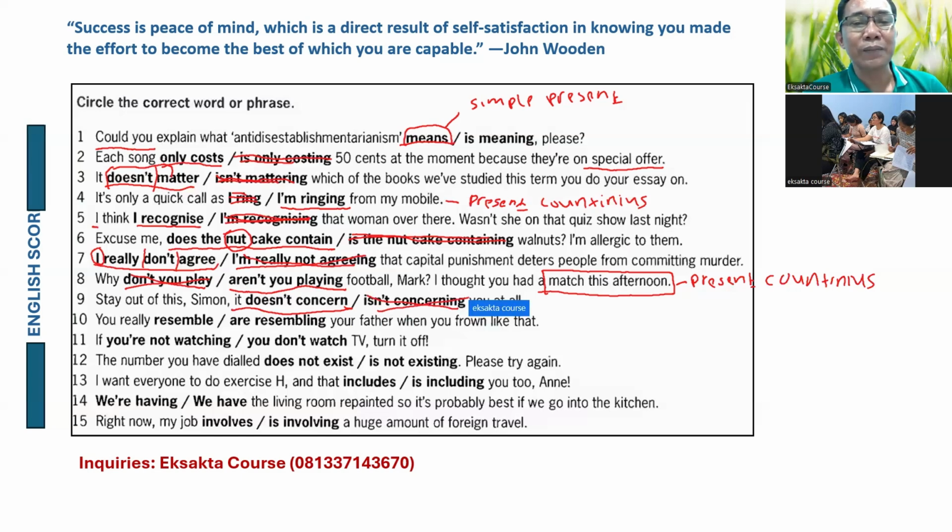So if interrogative or negative, use does or doesn't. And then "concern," even though the subject is it, because we use does or doesn't, is without s or es. Now number 10, we continue to number 10.